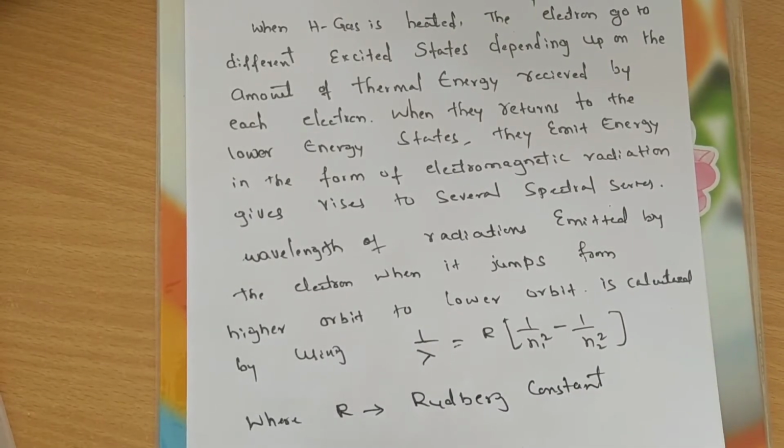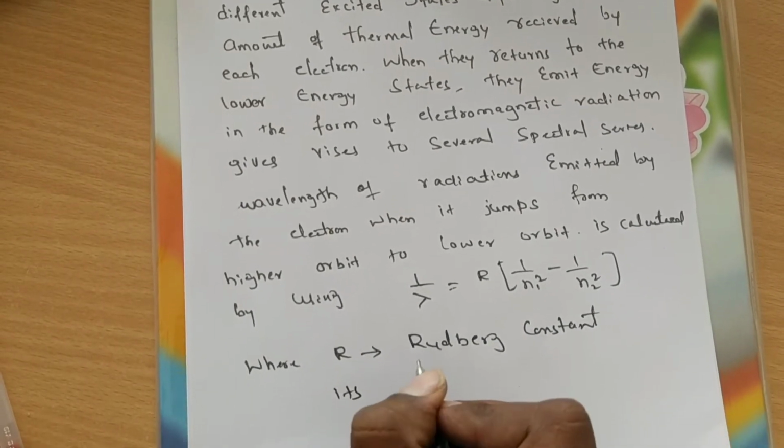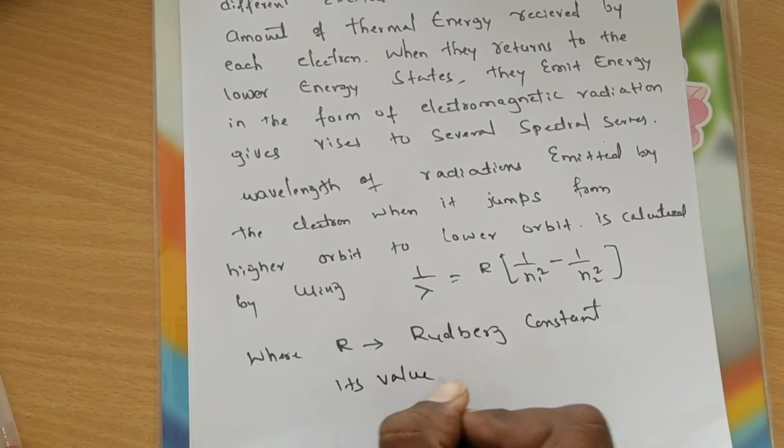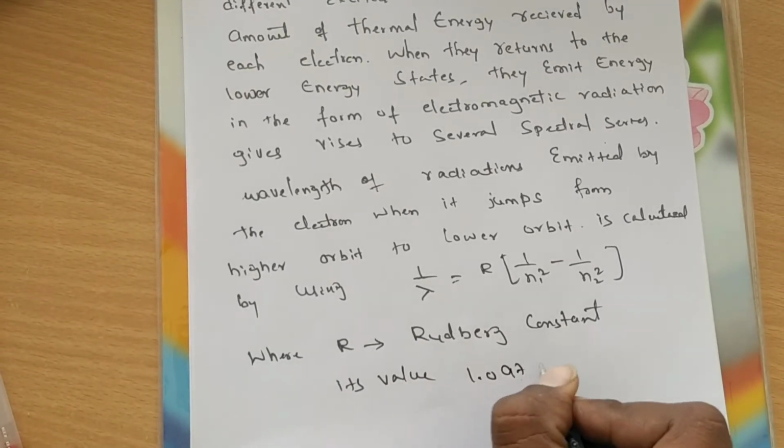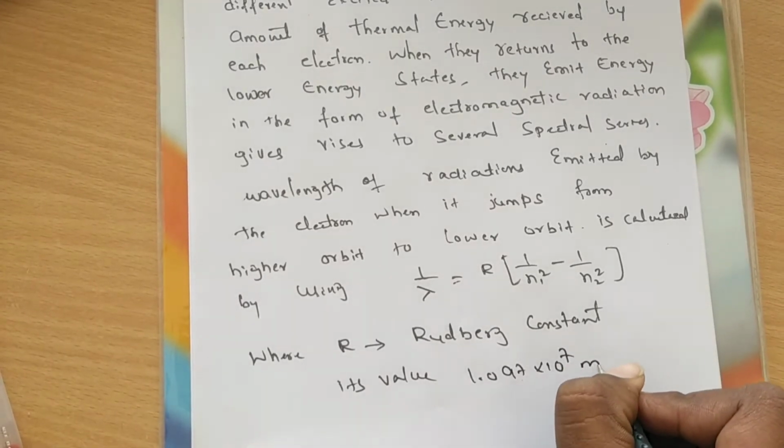Rydberg constant, its value is 1.097 into 10 to the power of 7 per meter.